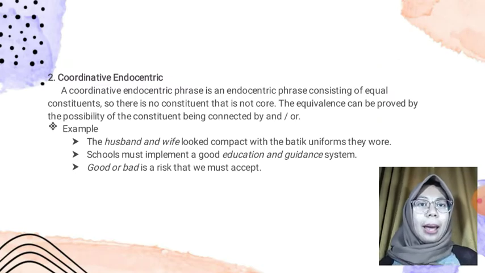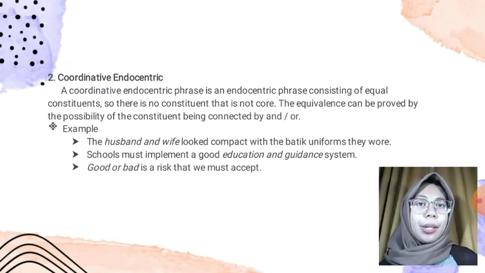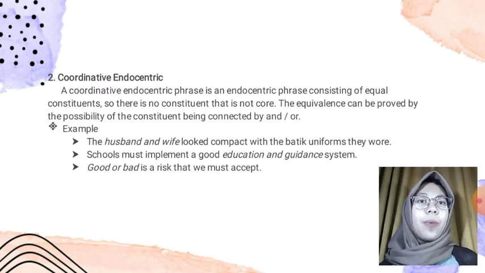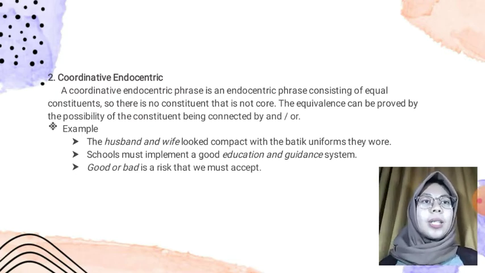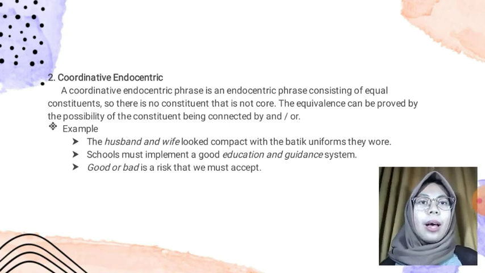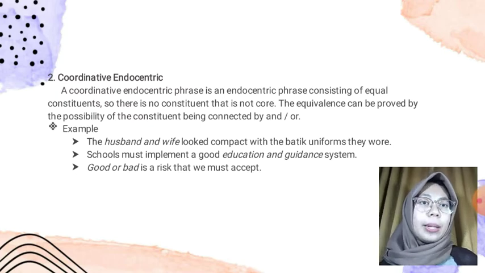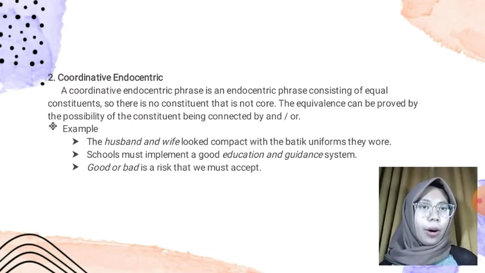Okay, the second type is coordinative endocentric. What is coordinative endocentric? A coordinative endocentric is an endocentric pair consisting of equal constituents. So, there is no constituent that is not core.